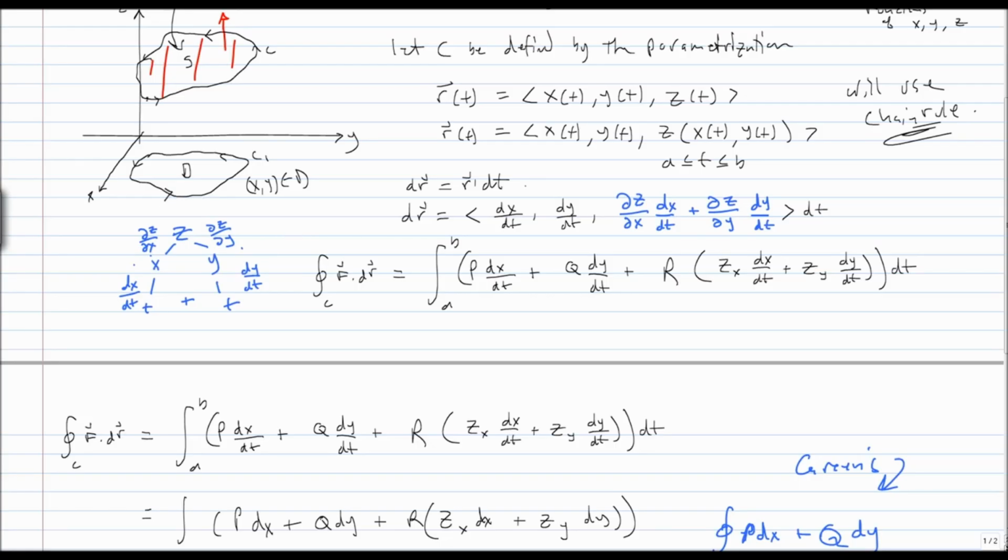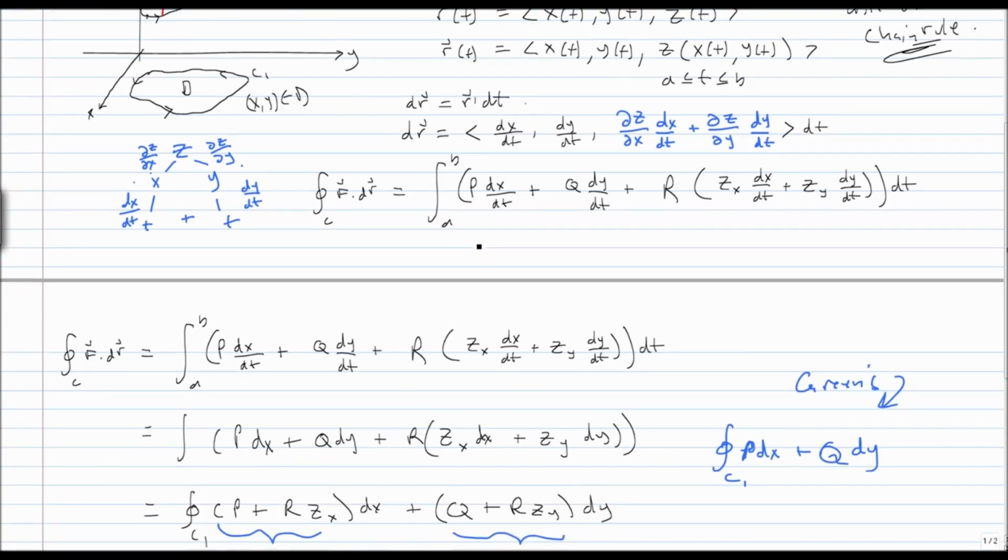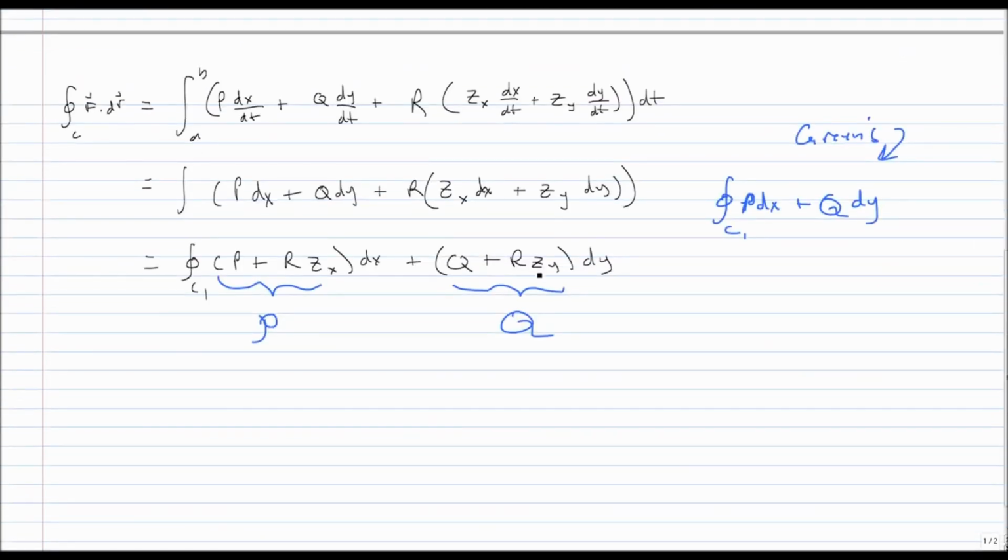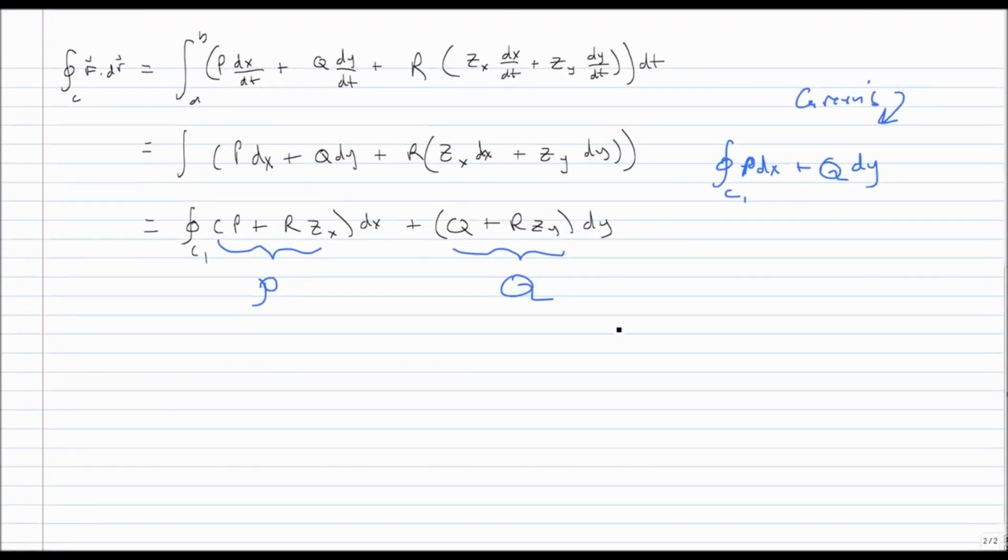So we've reduced this line integral in three-dimensional space to a line integral around a curve in the xy plane, because we said that z was a function of x and y, and we were able to use that to our advantage. So what does Green's theorem state?